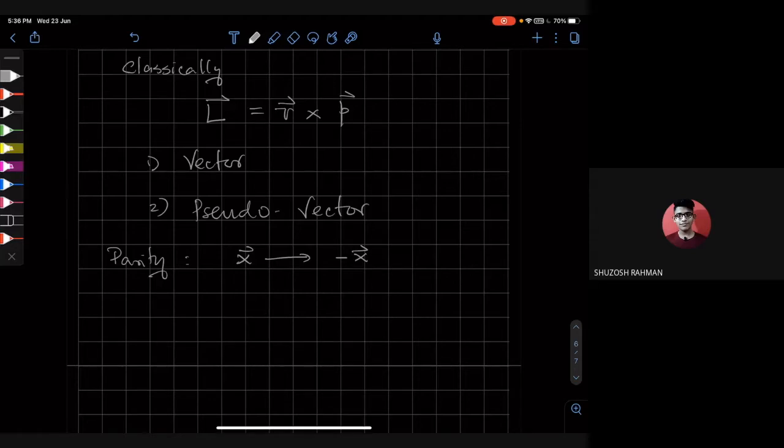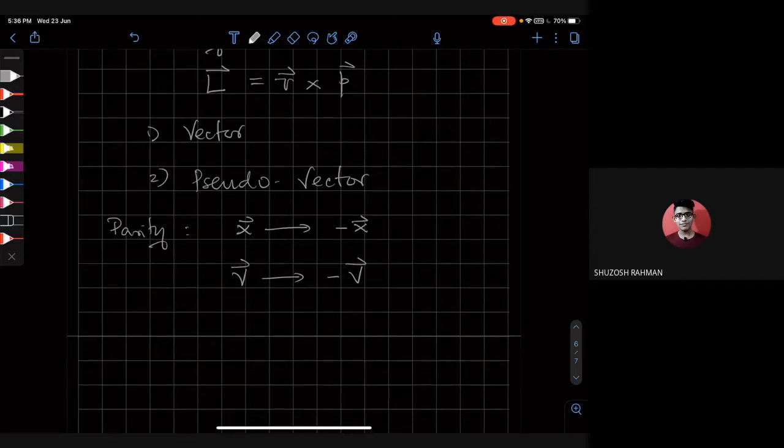It's a mathematical transformation. If a vector, say three-dimensional vector v, flips like x, then it's called a vector. But if a vector, say A, under parity does not change sign, then that's called a pseudo vector, okay?